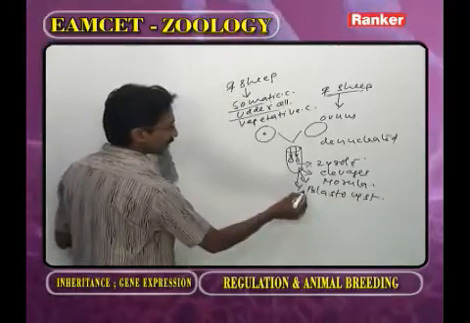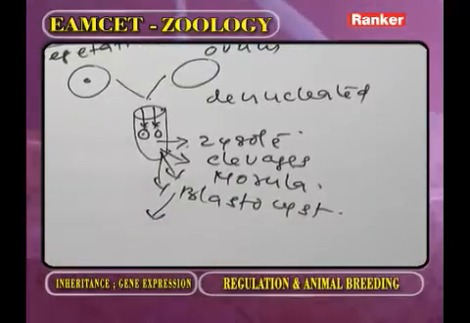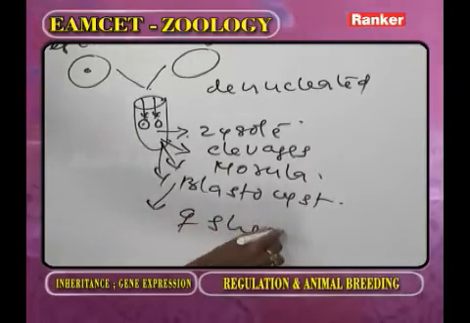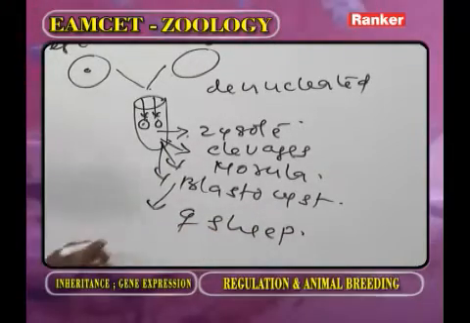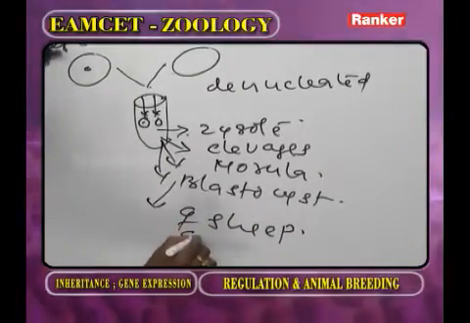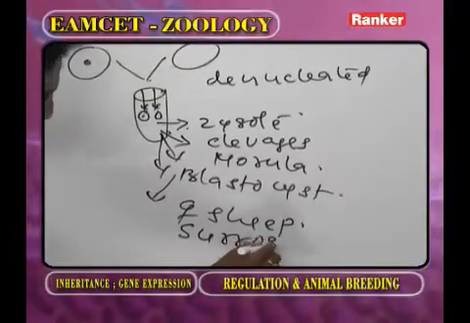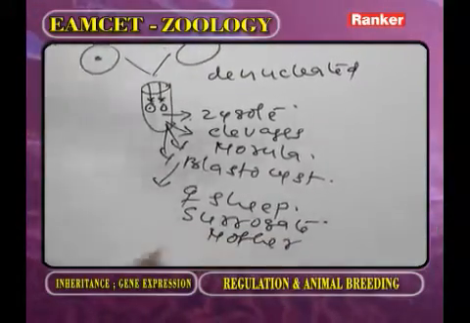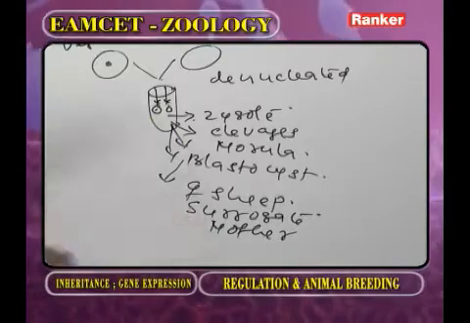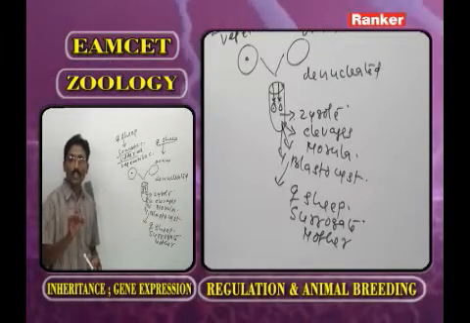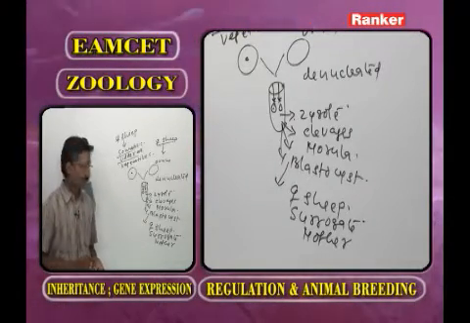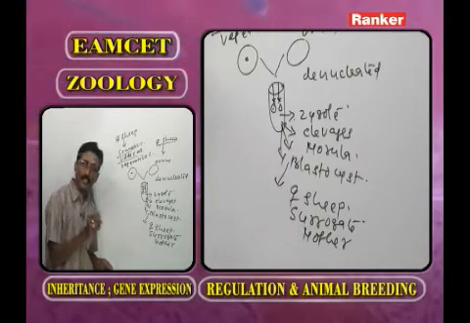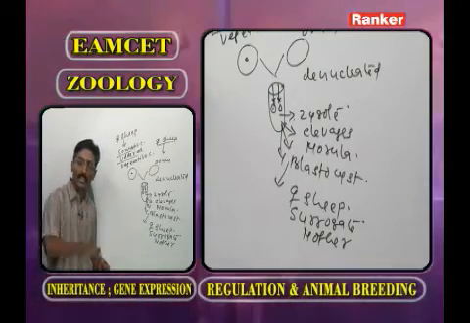Now this blastocyst is introduced into another female sheep. Now here this female is called surrogate mother. This female is said to be surrogate mother. In Telugu it is called Marudu Talli. The surrogate mother carries the embryo of another animal.